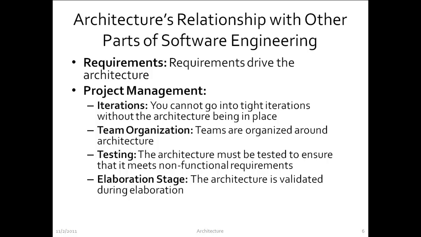So if architecture is the components within your system, then typically teams are organized around these components. Also, the elaboration stage, if you remember, is where the architecture is designed in detail and also validated. Let's take testing. The architecture must be tested to ensure that it meets non-functional requirements, and so on.